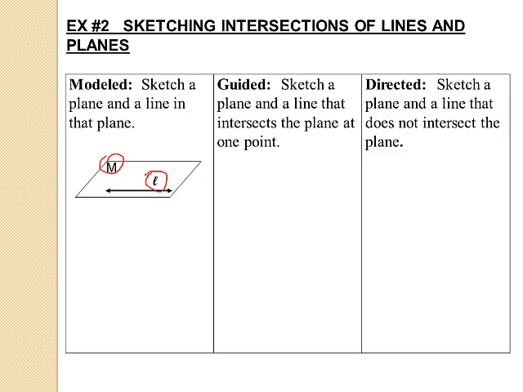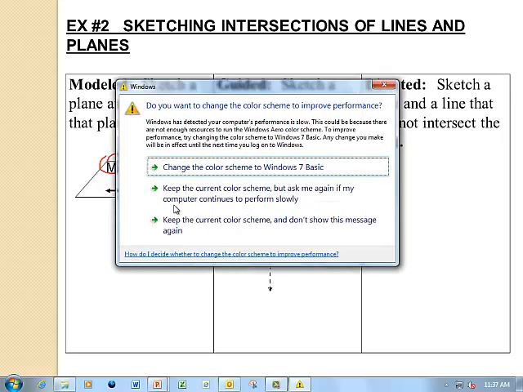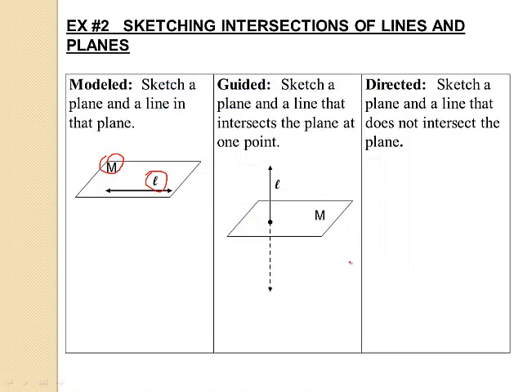For the guided, you have sketch a plane and a line that intersects the plane at one point. What I tell people: think of a piece of paper and think of a pencil that goes right through the piece of paper. Now, when you draw this, again, we have the same thing, and I've put my labeling over here.